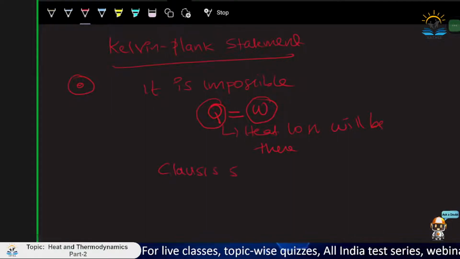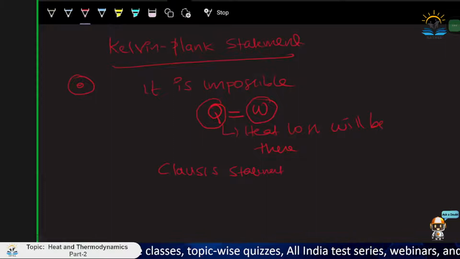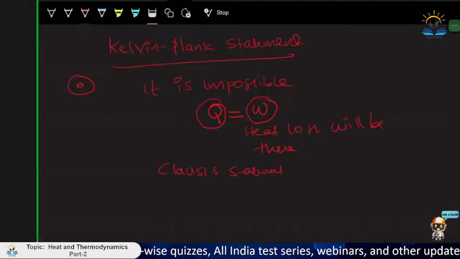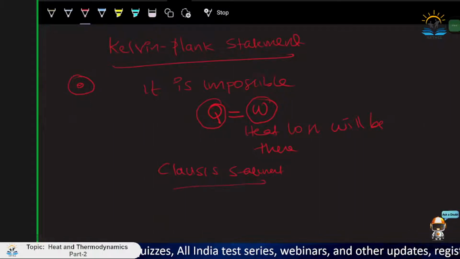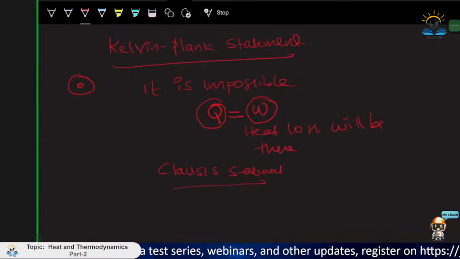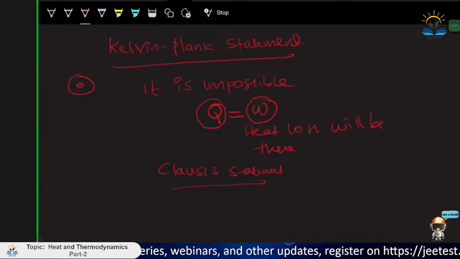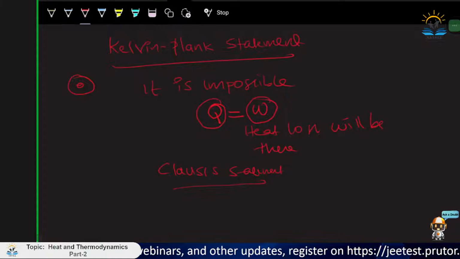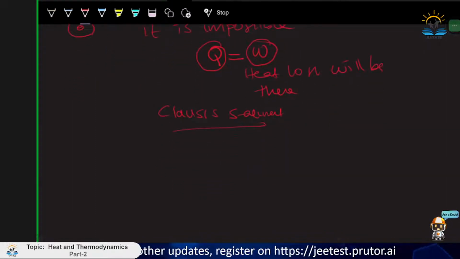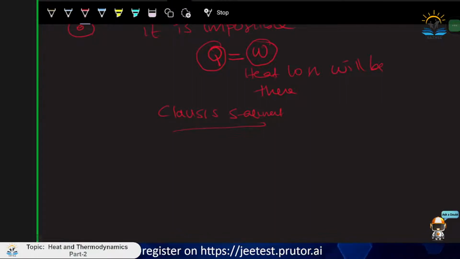What is the Clausius statement? As per the Clausius statement, no process is possible whose sole result is the transfer of heat from a cooler object to a hotter object.